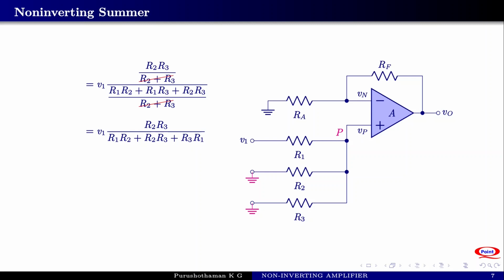Now look at this expression. If there is a term R1 also in the numerator, R1 R2 R3 by R1 R2 plus R2 R3 plus R3 R1, then it would have been the parallel combination of the three resistors R1, R2 and R3. So in order to make that, multiply and divide by R1.